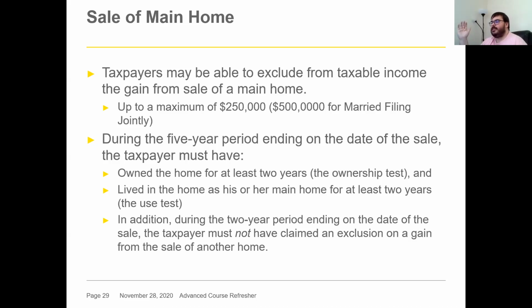But there's this 5-year test period, where from the date of the sale, the taxpayers must have owned the home for at least 2 years and must have lived in the home as their primary home for 2 years. And during that 2-year period, they could not have claimed another exclusion from gain on another house.